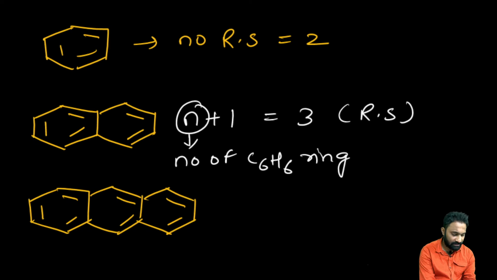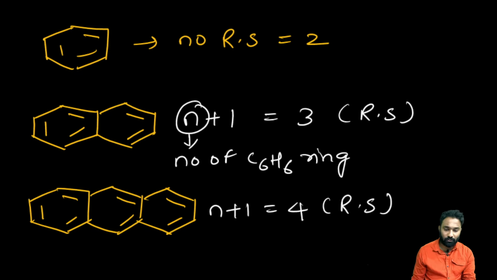How many resonating structures are possible for this one? 4. Good. How come? This is 3 benzenes. Now n plus 1 will be 4. 4 resonating structures are possible for this one.